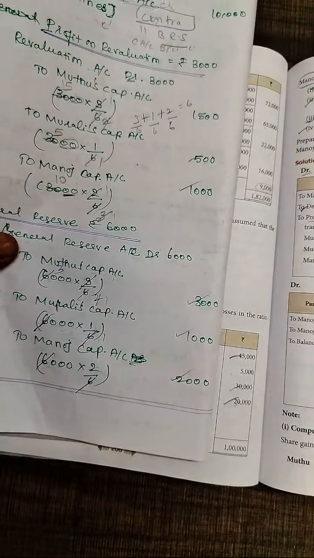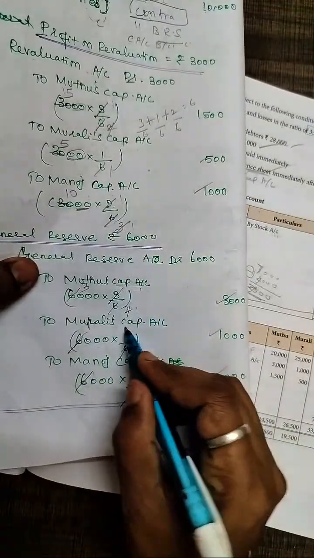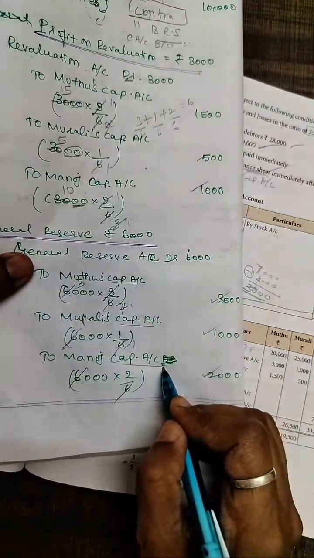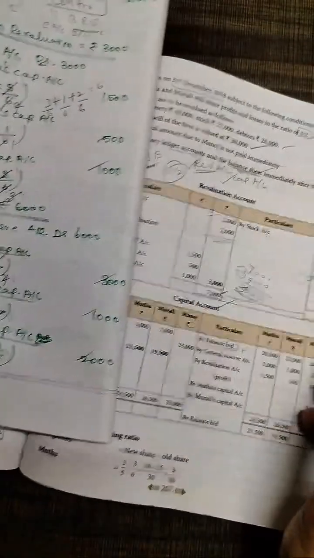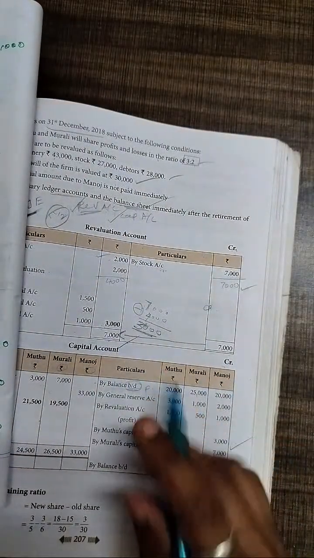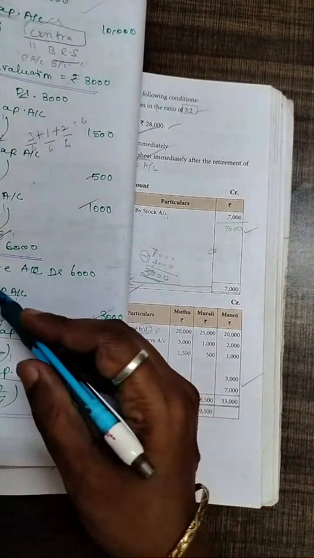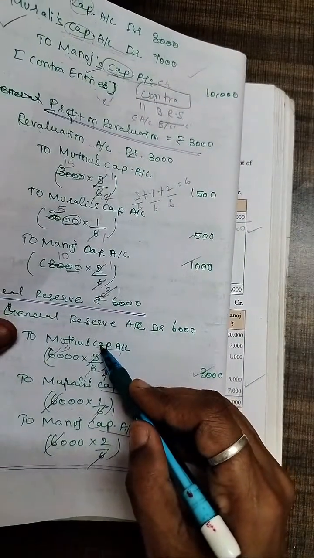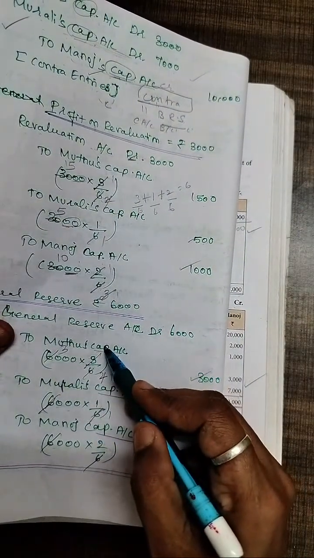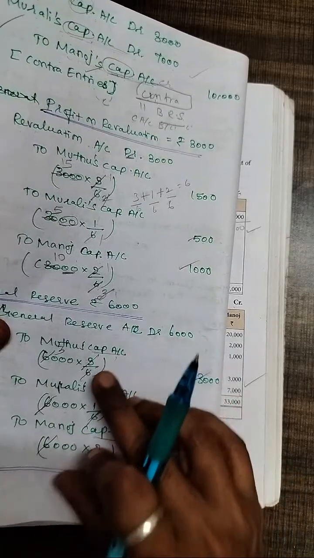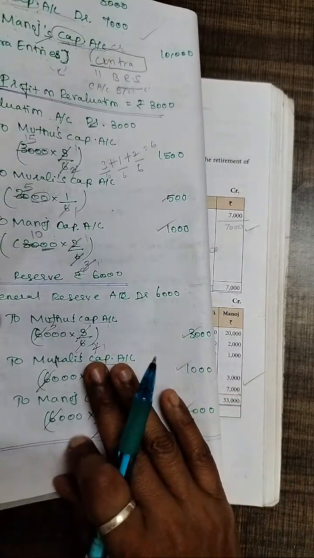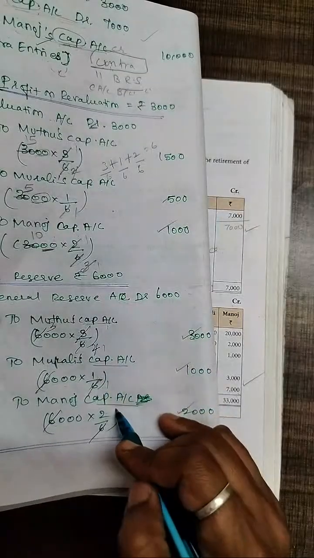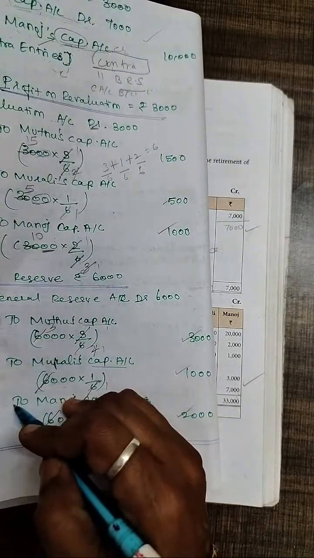Okay. So where does the capital account appear here? Capital account appears on the credit side. So you go to the credit side of the capital account and enter the opposite account. What is the opposite account from the capital account? Listen, capital account appears on the credit side. 'To' means creditor.